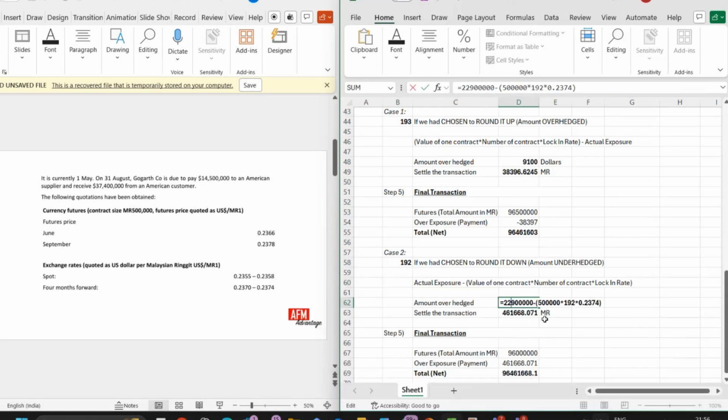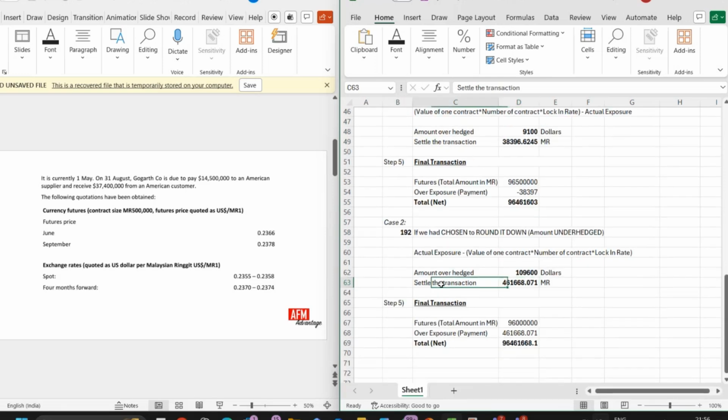And this will give us $109,600, right? And then we settle the transaction at the forward rate, but this time instead of using 0.237, we'll be using 0.2374, because we have to receive the least. I told you, either we pay the most or we receive the least. We are always at a disadvantage. So 0.2374 will give us the least amount of receivable, right?